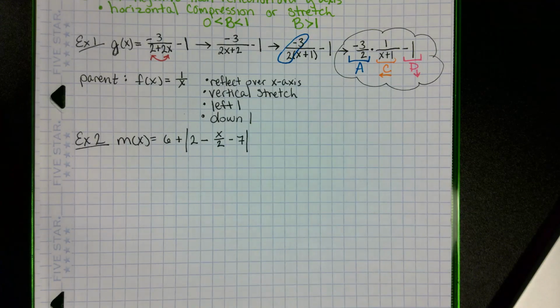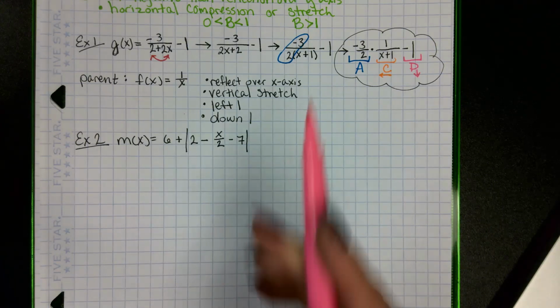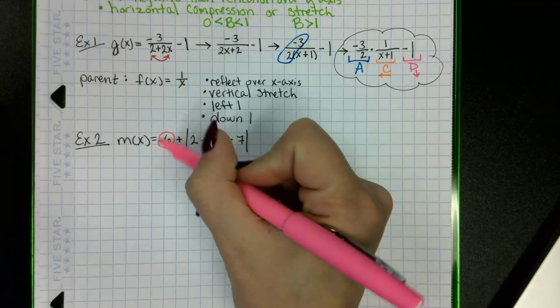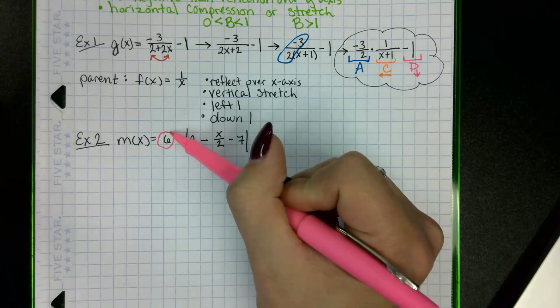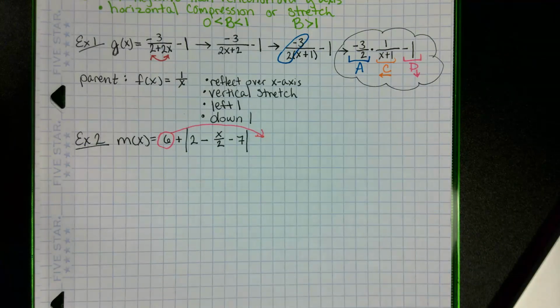All right, so we want to first get this into its standard transformation form. Well, I can see that my d value is out of place. There's something in front of the function, the 6. It's a positive 6 in the front. We want the positive 6 to be at the end. So I'm going to move that.